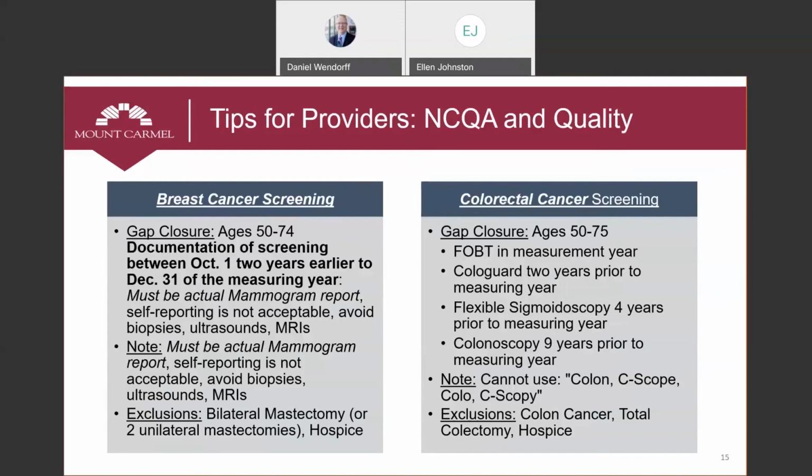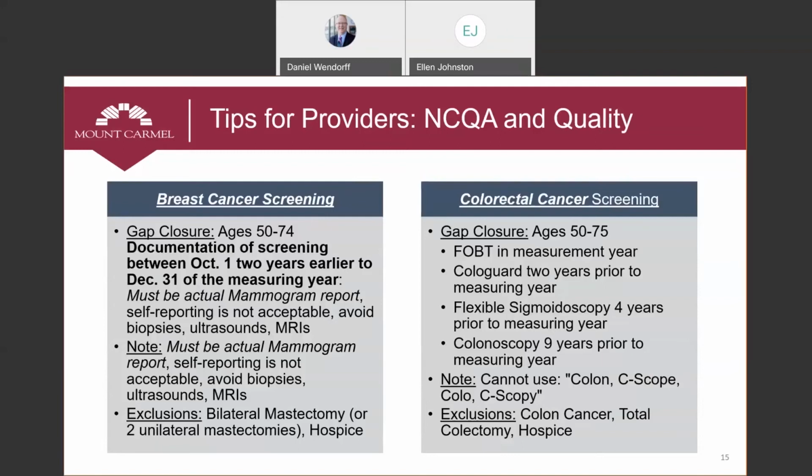In order for breast cancer screening to close a gap in 2020, there must be documentation that a mammogram screening was completed between October 1st, 2018 and December 31st, 2020. It's important to remember that in order for it to count, it must be an actual mammogram report completed by a professional. Self-reporting is not acceptable when closing this gap. Biopsies, ultrasounds, and MRIs are also not included.